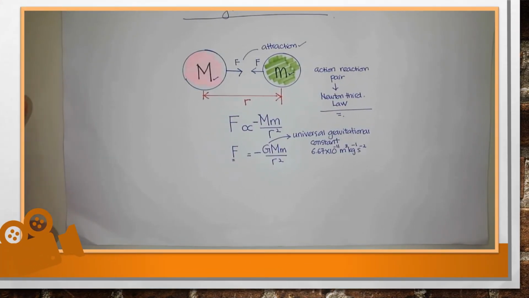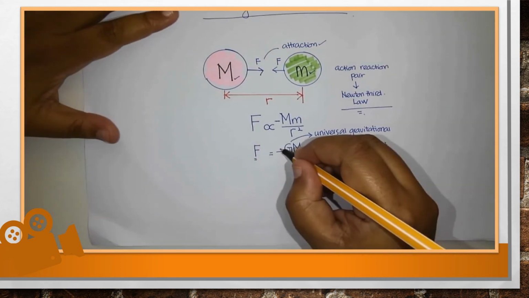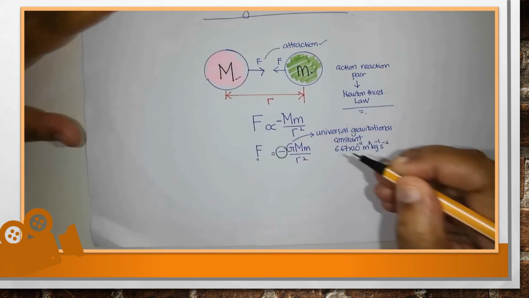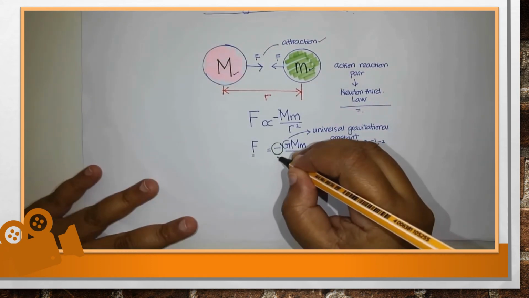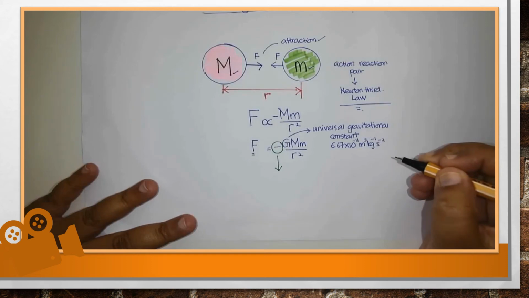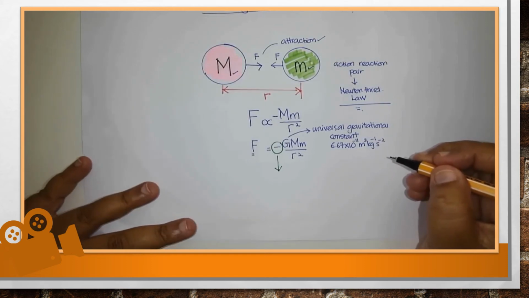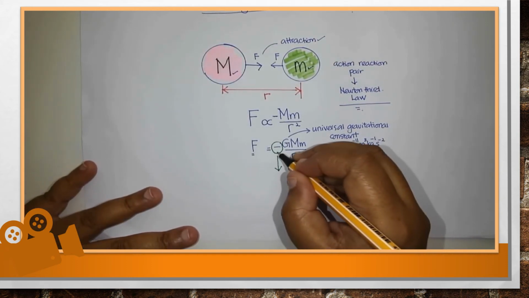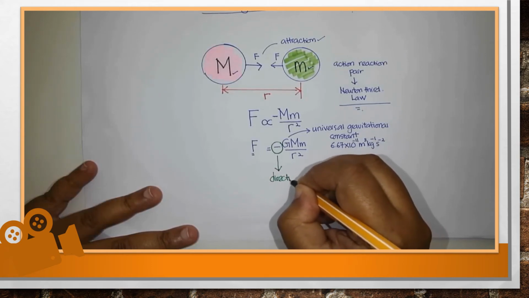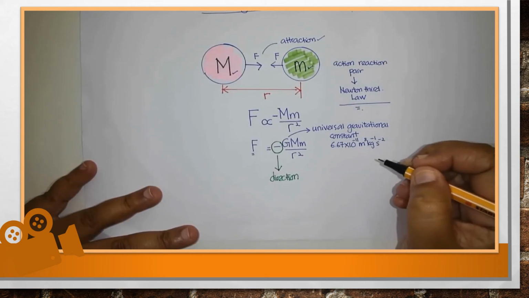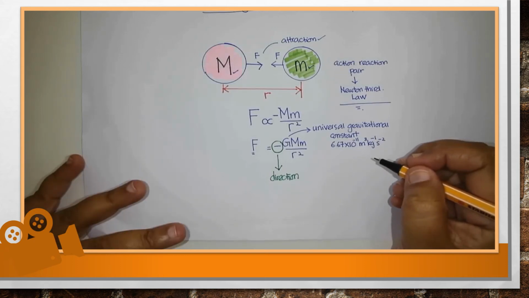To give a bit more explanation on this negative: when you are solving problems, it is not necessary to put the negative inside the formula or the solution, because the negative speaks about the direction. It doesn't influence the magnitude.